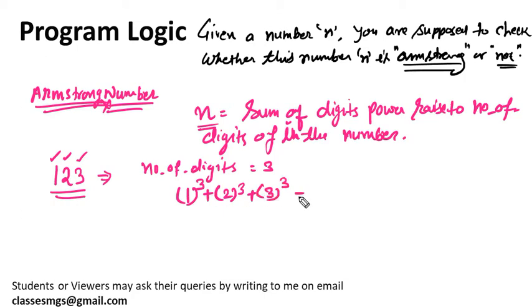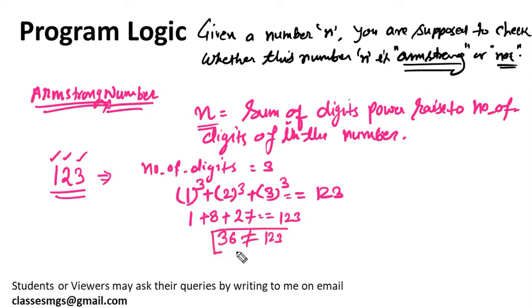If this sum is equal to that particular number 123, then you will say the number is Armstrong. So 1 plus 8 plus 27 is 36, and it is not equal to 123. So 123 is not an Armstrong number. This is how you will check.